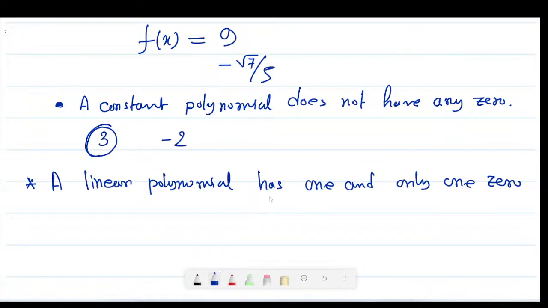It cannot have more than one zero. So a linear polynomial always has only one 0. It cannot have two different zeros.